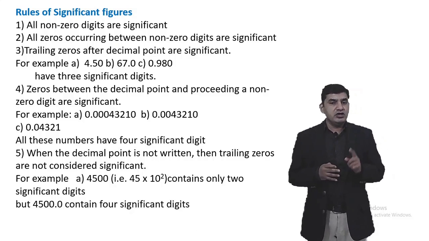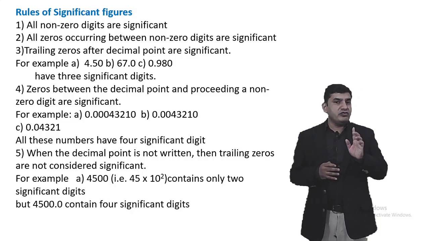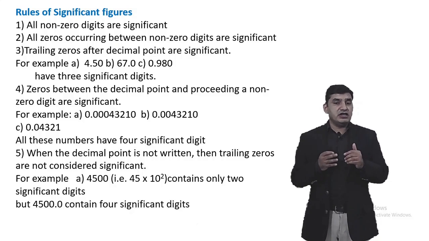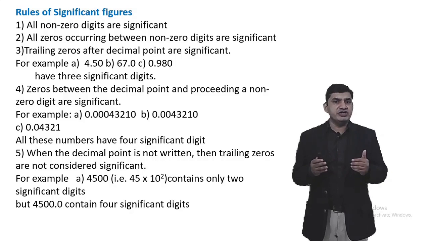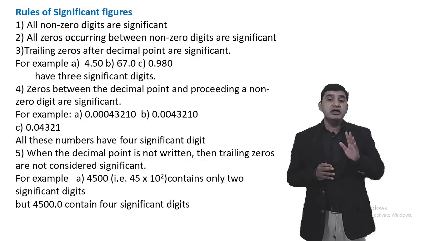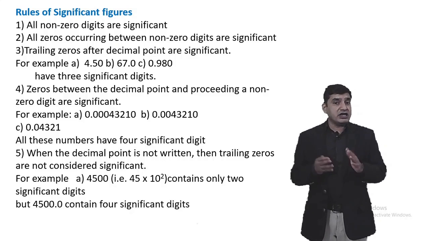For example, 4,500. Now, in this number, there is no decimal point. Okay. Therefore, these 2 zeros are not considered in significant figures. This number can be represented as 45 into 10 raised to 2.